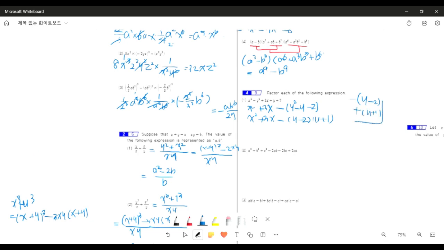Then x minus y minus 2, x plus y plus 1.